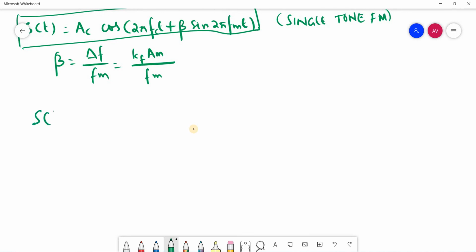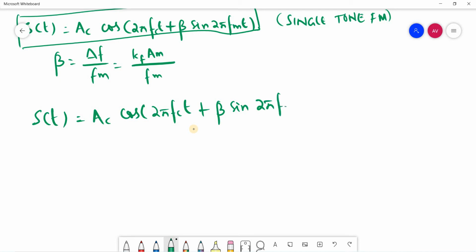So s(t), as I have written here, is Ac cos(2 pi fc t + beta sin 2 pi fm t). Now we need a prerequisite.